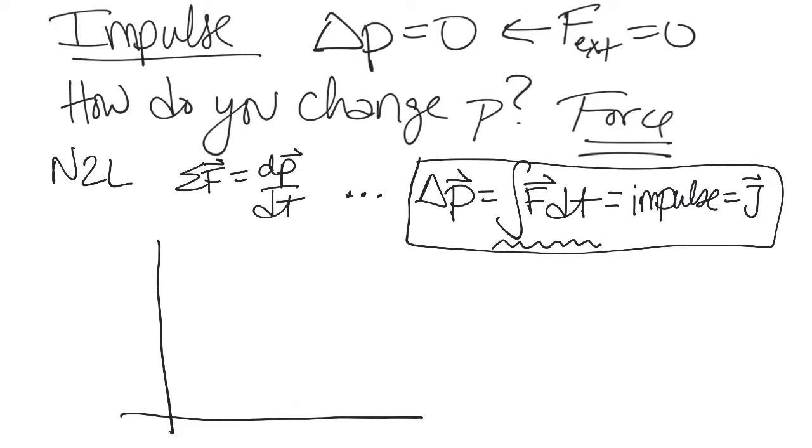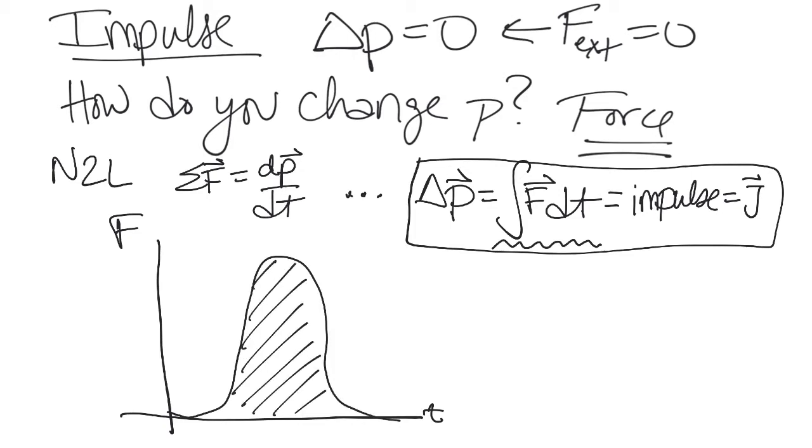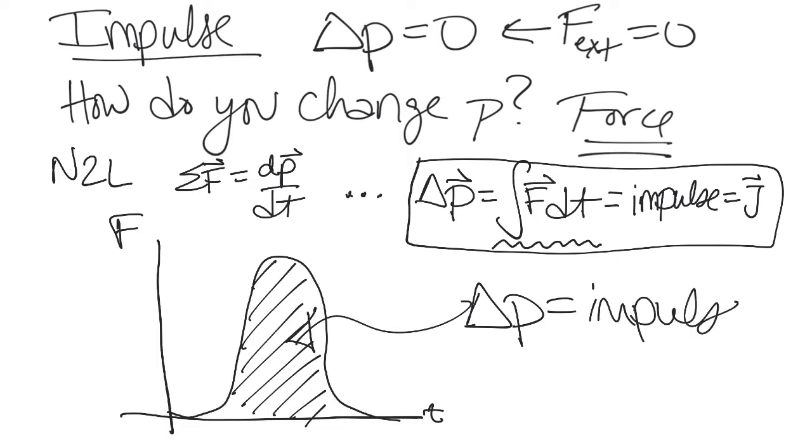I hope that you think of an F versus t graph, and the area under the curve being that integral. So that shaded area is delta p, it's the impulse.